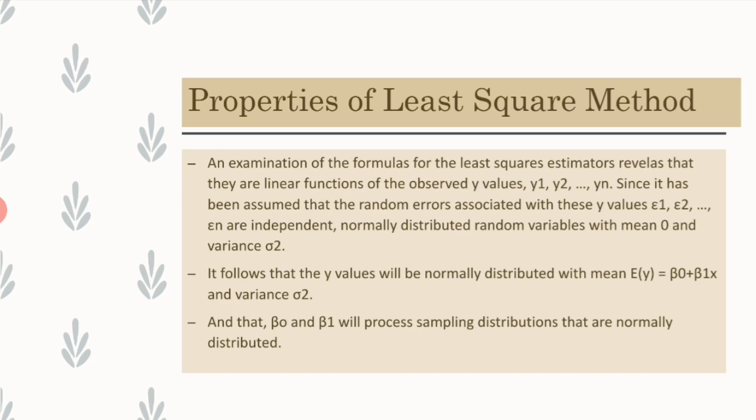Since it has been assumed that the random errors associated with these y values are independent, normally distributed random variables with mean 0 and variance sigma squared, it follows that the y value will be normally distributed with mean E(y) = beta 0 plus beta 1 x and variance sigma squared, and that b0 and b1 will possess sampling distributions that are normally distributed.